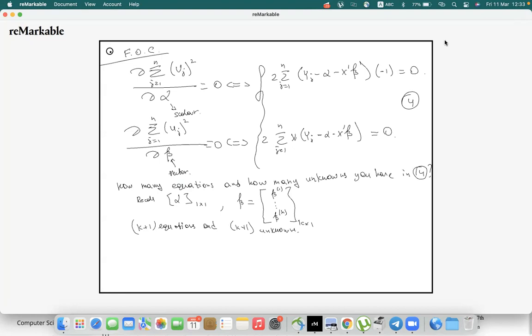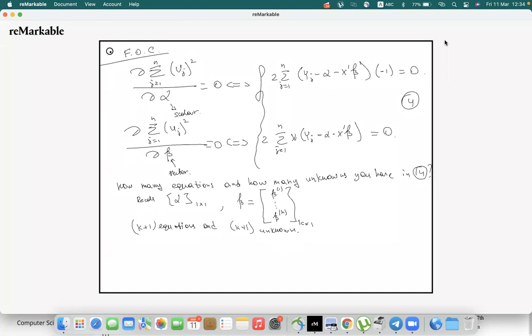Does it remind you of something? It's good news, right? Because it is a system of equations that has a unique solution, because you have k plus 1 equations and k plus 1 unknowns.